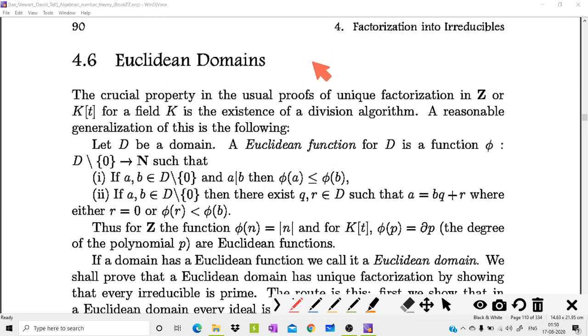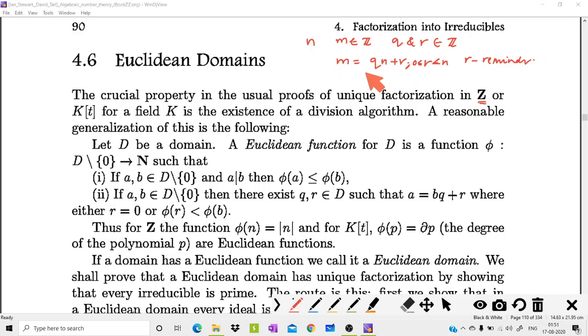We know that the division algorithm is possible in Z. I state the division algorithm: for a positive integer n and any integer m belonging to Z, we have q and r belonging to Z such that m can be written as q times n plus r, where 0 less than or equal to r less than n, and this r is what we call the remainder. This is the division algorithm.